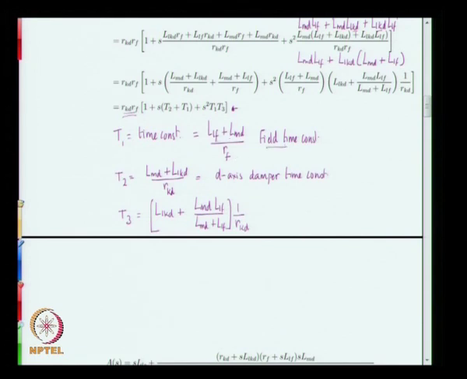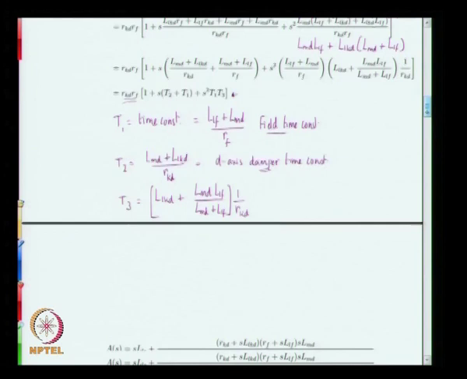This is the field inductance divided by the field resistance. So, that is again straightforward. T2 is the D axis damper time constant, which is nothing but the inductance of the damper winding divided by the resistance of the damper winding.